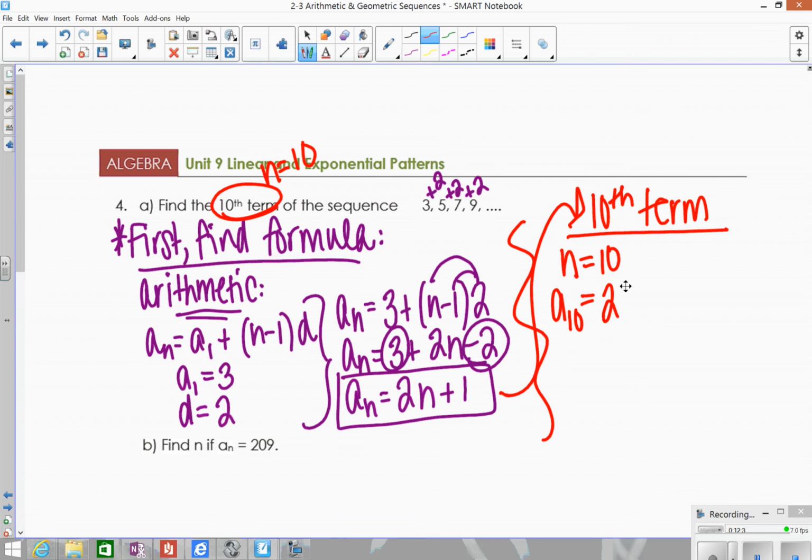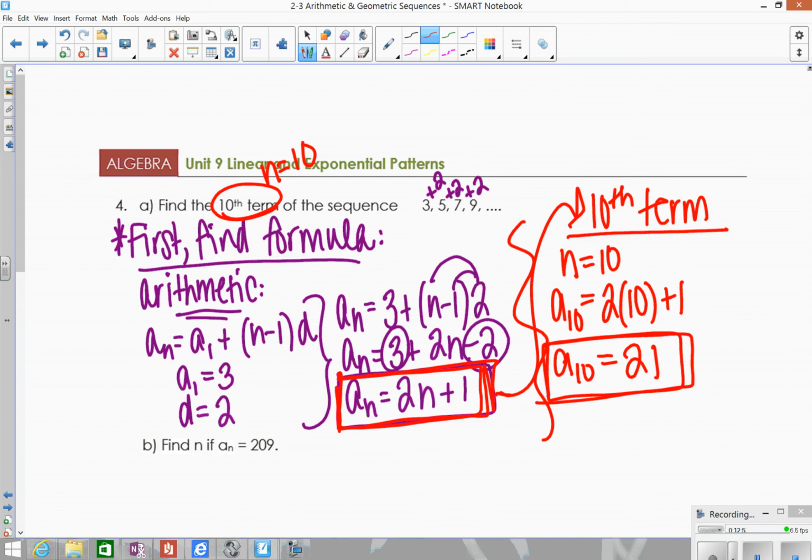So 2 times 10 plus 1. I'm just plugging into this formula and using it to solve this problem. And when you do this, we get 2 times 10 is 20, plus 1. So a sub 10 equals 21. So the 10th term is 21. So that's the first part of this.